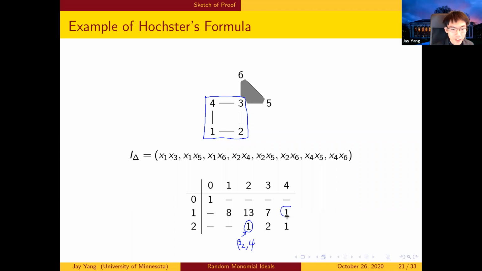Or as another example, let's take this one here. This is beta_{1,5}. What this is telling me is I need to look for a subcomplex with 5 vertices which is disconnected.